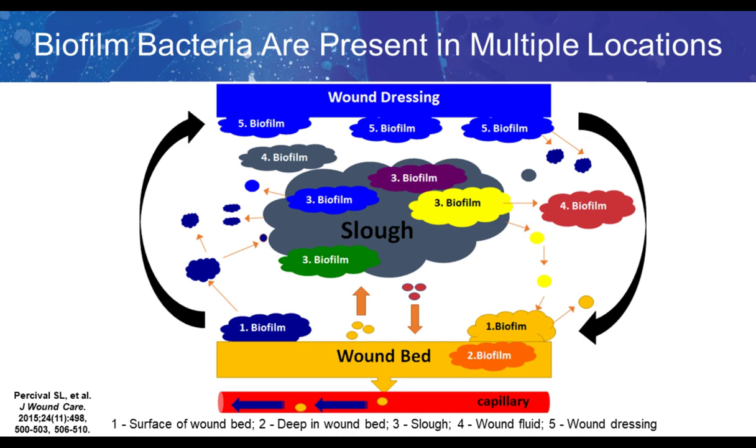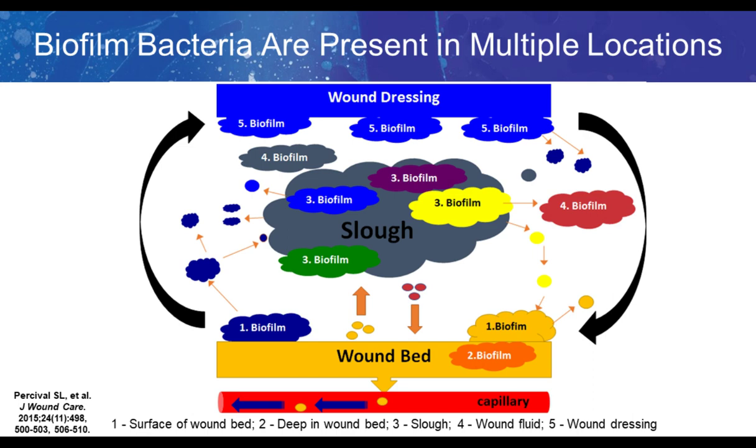They can be beneath the surface of the wound bed. They can also be present in the wound slough, the material that is being secreted and excreted from the wound bed, and both planktonic and biofilm bacteria can be found within wound slough.